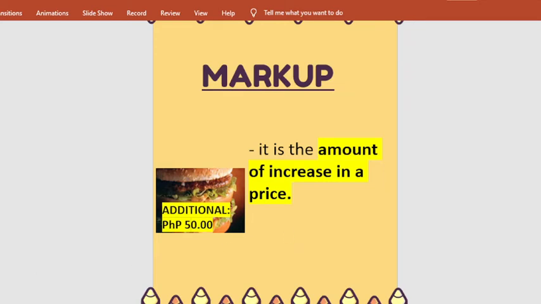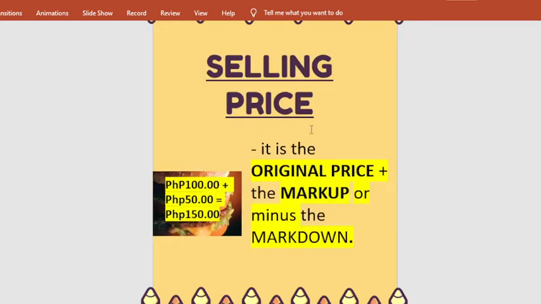Okay? Next, selling price. So, nabili niya yung hamburger ng 100 pesos and then nag-mark up ng 50 pesos. So, ang selling price niya ngayon, ito yung amount na ibebenta niya sa kanyang classmates or sa kanyang target market, it is what we call the selling price. So, 150 pesos.